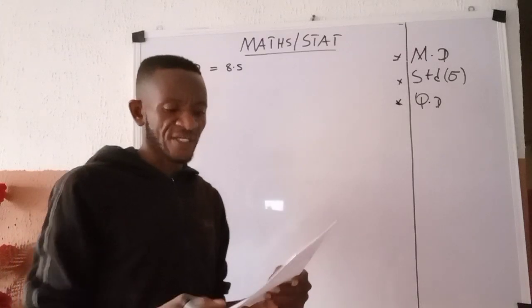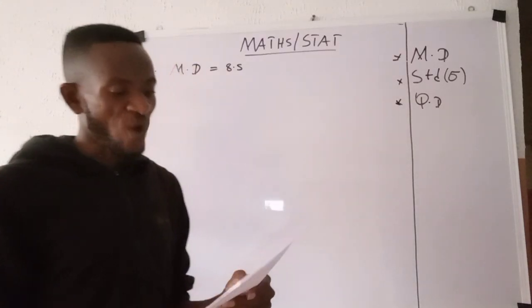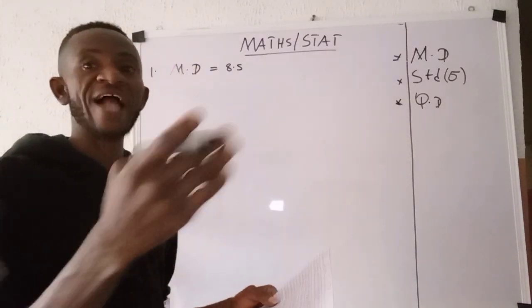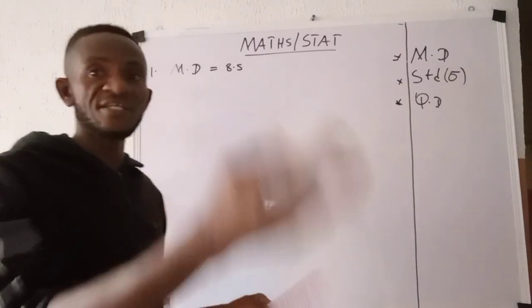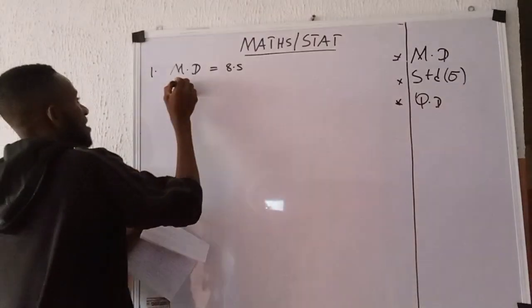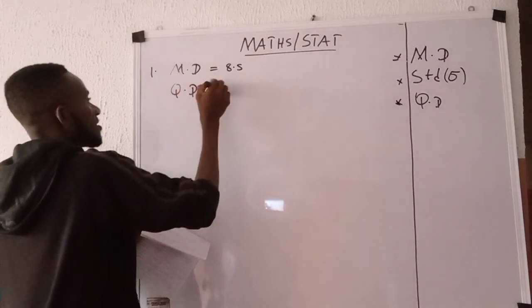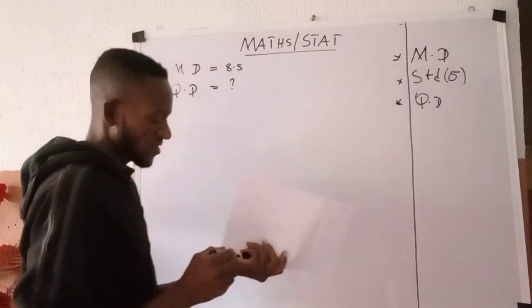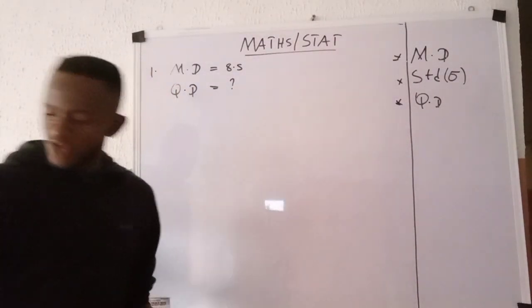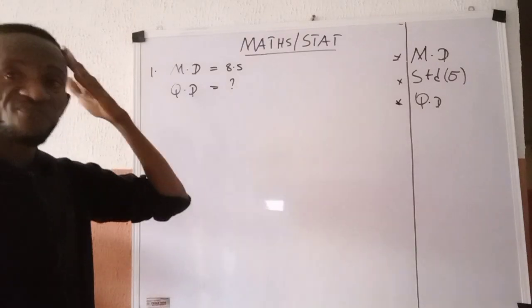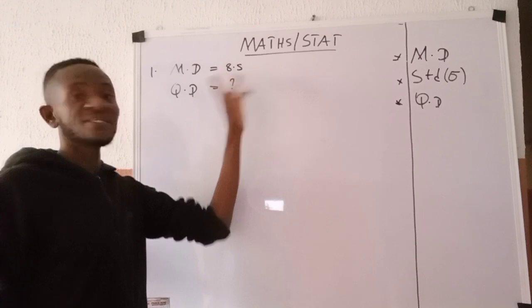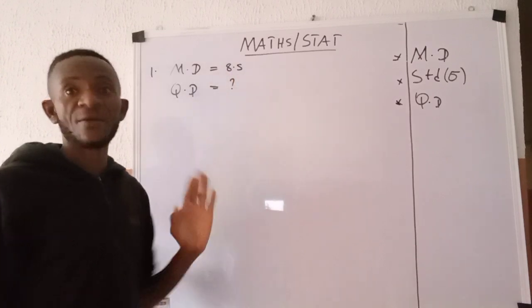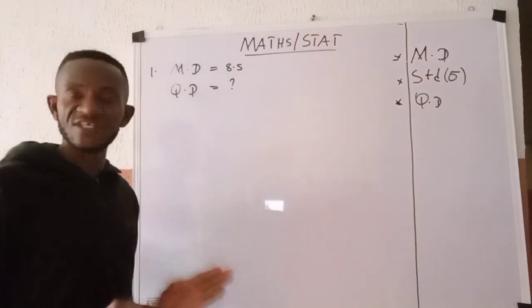The question further says, then what is the value of the quartile deviation? That is, our Q.D. equals what? This is the only information you are given, that the mean deviation of a set of data is 8.5, and we are required to find the quartile deviation.